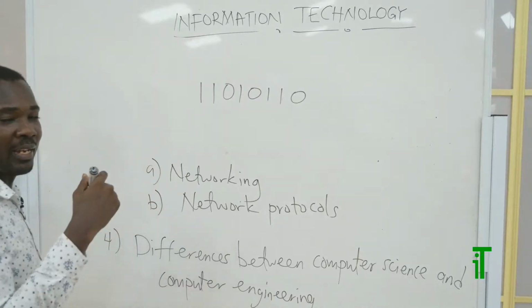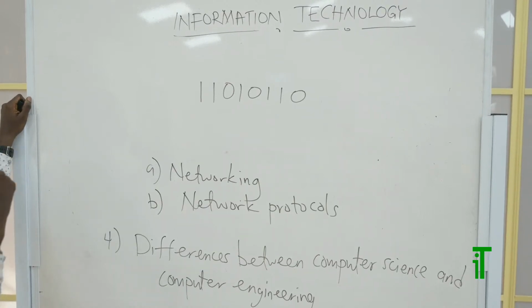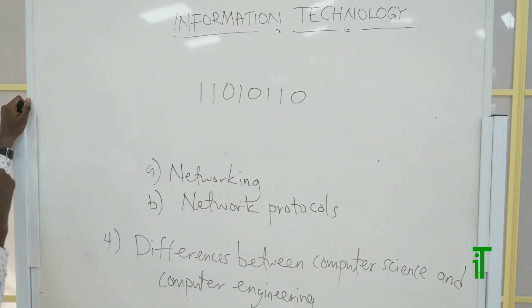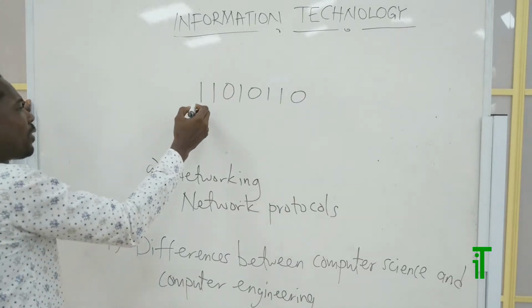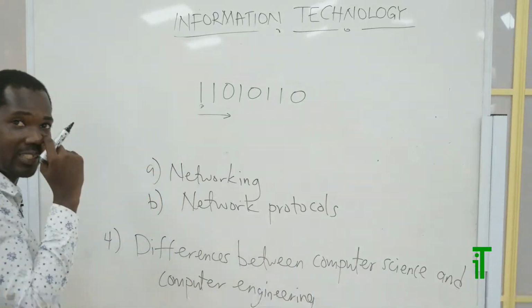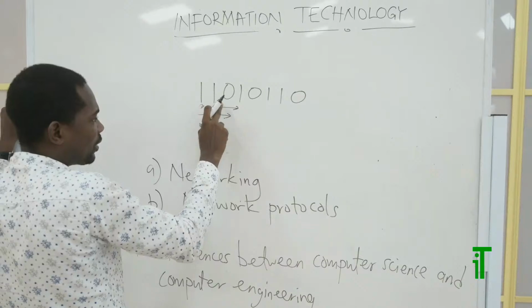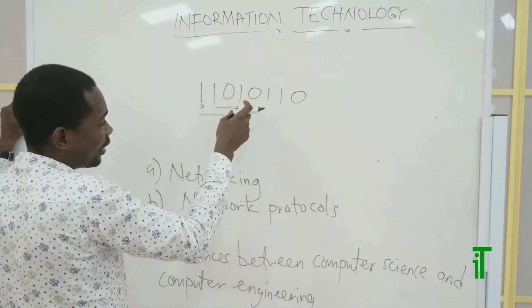The computer is an electronic device, and it uses electricity. So it uses charges to send these signals. With this one, it will send an electronic charge, and when it gets to this point, it will send this also as an electronic charge.